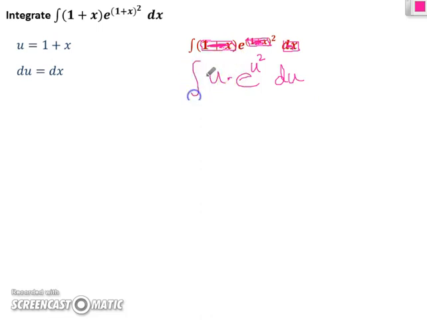So great, we replaced everything, but we still can't integrate that because number one, it's still a product. Number two, even if it wasn't a product, we wouldn't be able to integrate this piece because of that u squared. It has to just be a u, no exponent, no stuff. So this is no good.